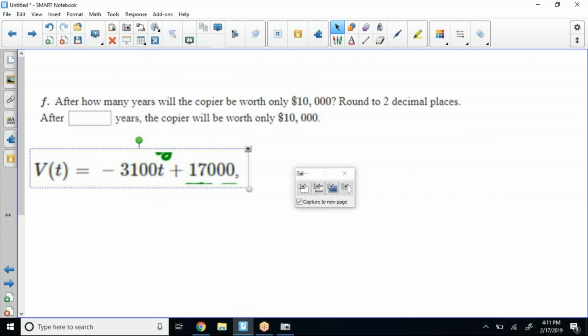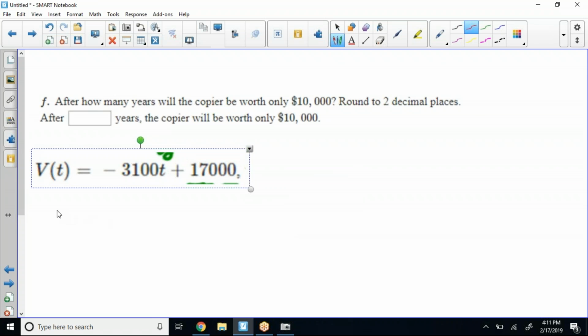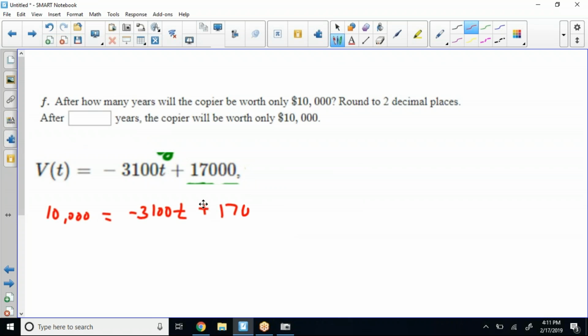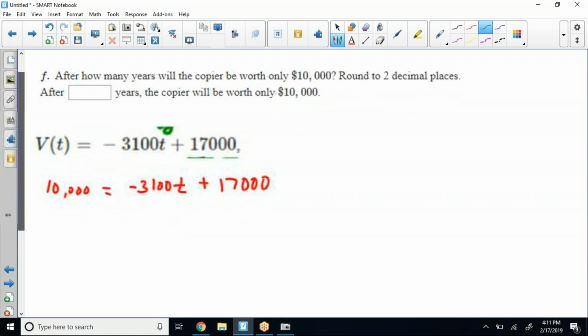All right, so now they're giving you an output: 10,000 equals negative 3,100 t plus 17,000. And all you're doing is solving for the input now.